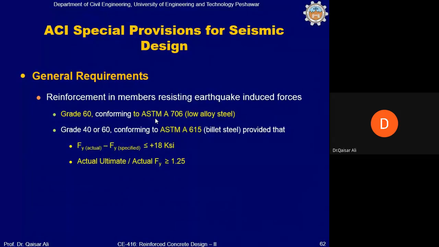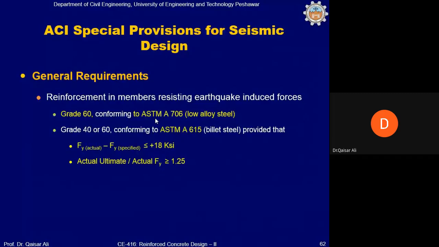However, if you obtain a yield of 90 KSI, 90 minus 60 is 30, and 30 is more than 18, so it is not allowed. Which means that the difference between the actual yield and the specified yield shall not be more than 18 KSI. By this requirement, the ACI code wants to make sure that a minimum gap between the yield and ultimate is kept.